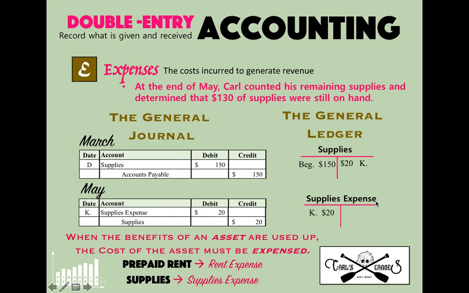Now, what does that do to his supplies account balance? Well, $150 debit balance, less the $20 credit, he has $130 of supplies left. So he has effectively adjusted his supplies account balance. This is another form of deferral adjustment.